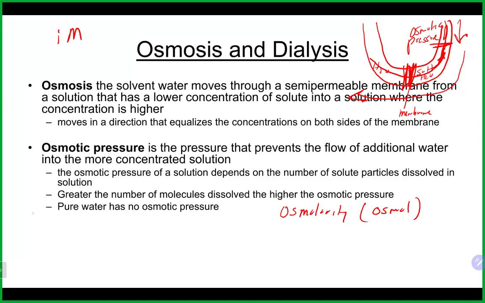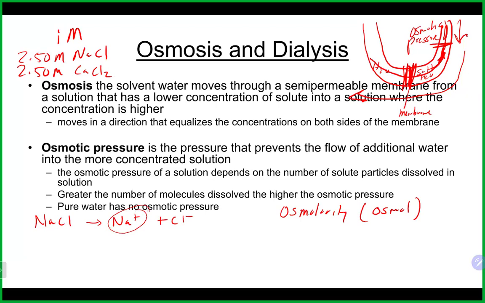So for example, if I had a 2.5 molar sodium chloride solution and a 2.5 molar, bless you, calcium chloride solution, and we wanted to figure out which one would have the greater osmotic pressure, we could calculate the osmolarity. We know from our earlier conversation, hopefully, sodium chloride is going to break apart into a sodium ion and a chloride ion.